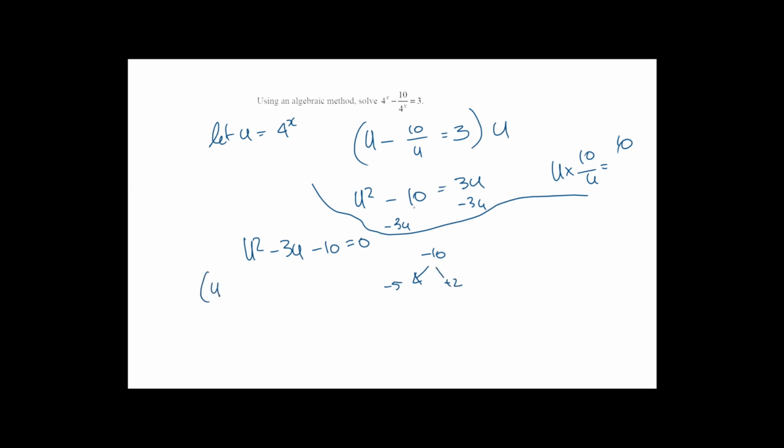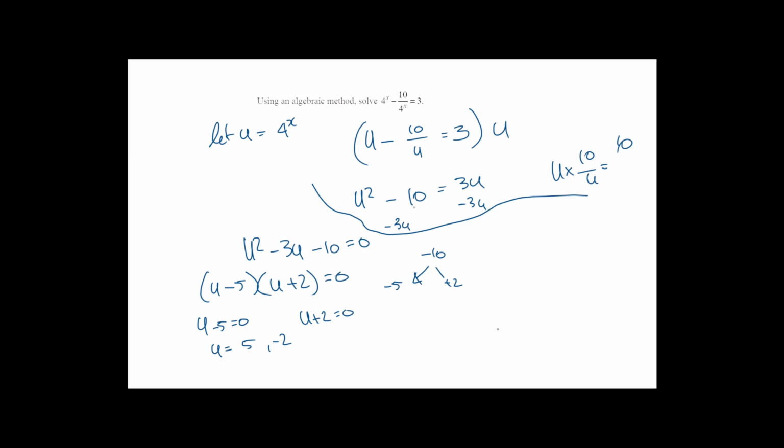So it's going to be u minus 5, u plus 2 equals 0. So u equals 5 and negative 2.